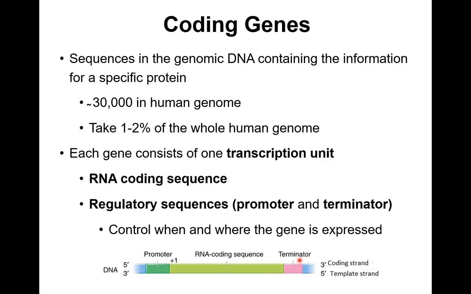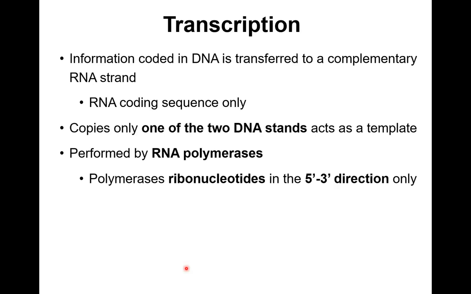You can imagine how this gene consists of 2 DNA strands, anti-parallel with each other, but only one of them gets copied. This is done by RNA polymerase. Like DNA polymerase, RNA polymerase can only form RNA in the 5' to 3' direction. Therefore, it will be copying the opposite strand, the one in the 3' to 5' direction.